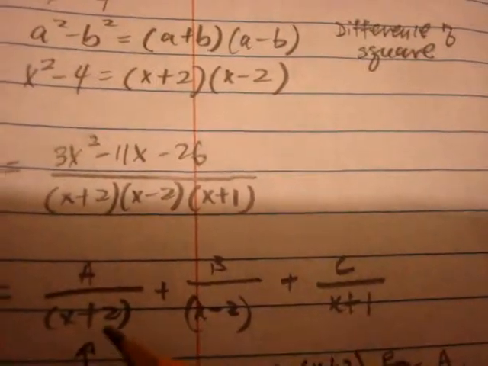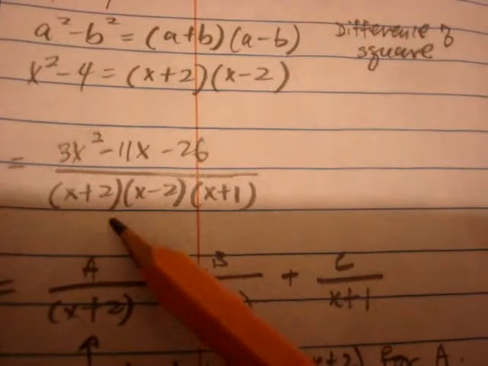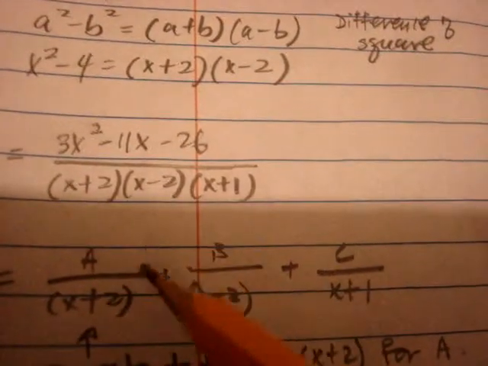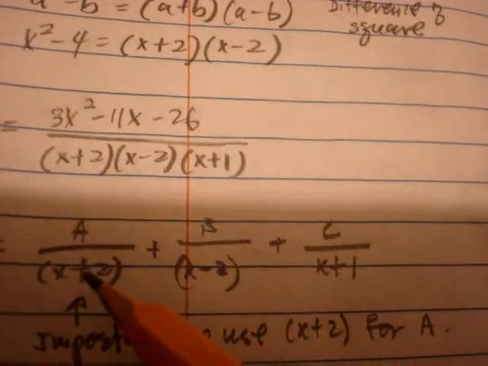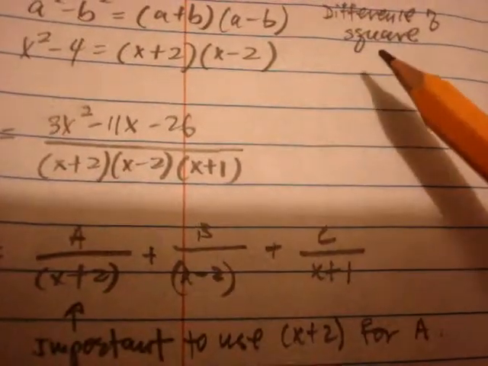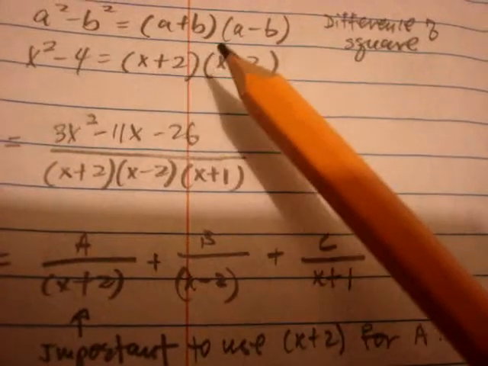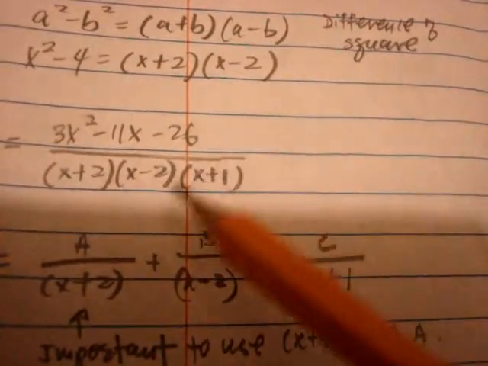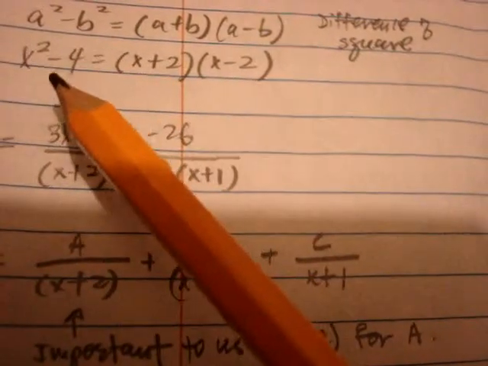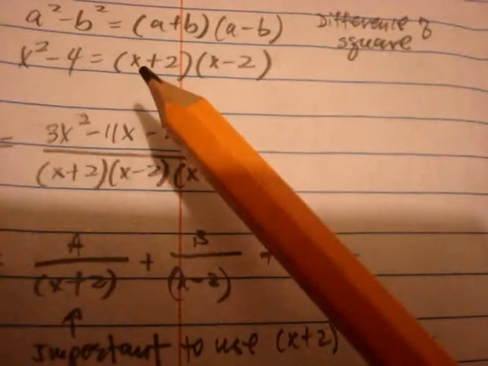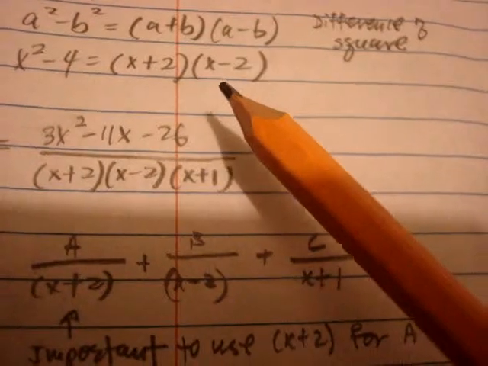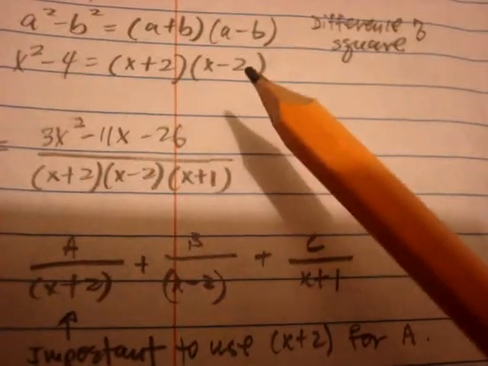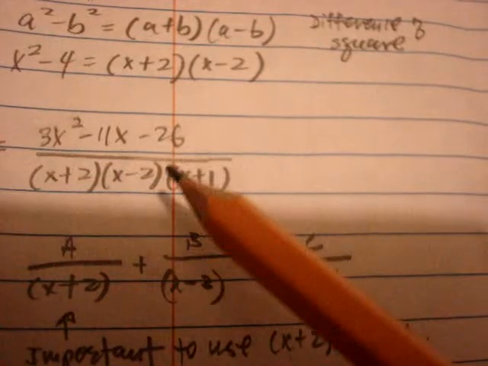Okay, right here is very important. The x plus 2 times x minus 2 is very important for the A because the difference of squares says a plus b times a minus b. So as for the x squared minus 4, it has to be x plus 2 times x minus 2. It's not going to be x minus 2 times x plus 2.